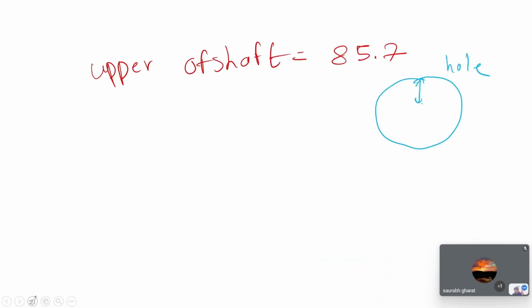So right now this is a shaft, and this should not be more than 2.8, that is mentioned here. So you have your bigger hole now. Because it should not be greater than 2.8, you have to subtract in that way.